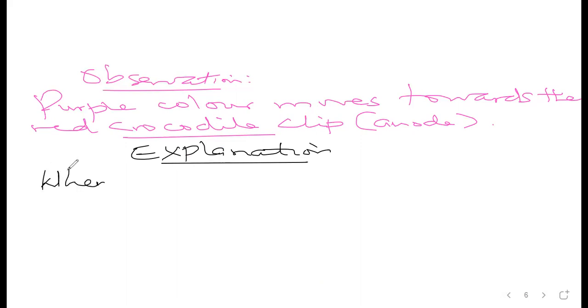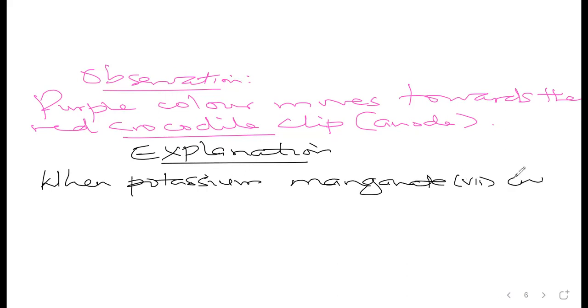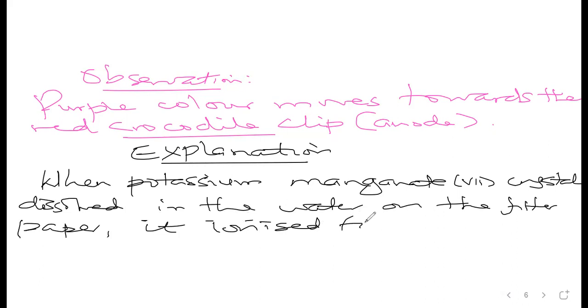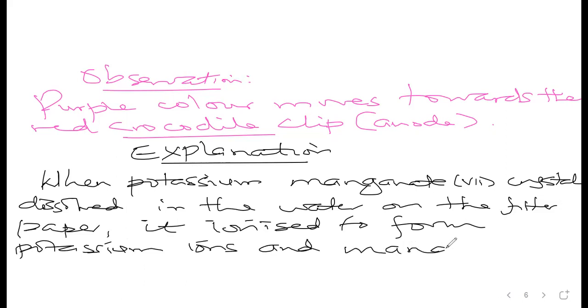When the potassium manganate 7 crystal dissolved in the water on the filter paper, it ionizes to form potassium ions and manganate 7 ions.